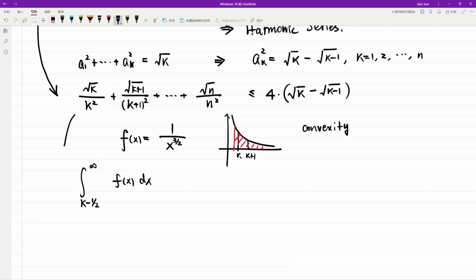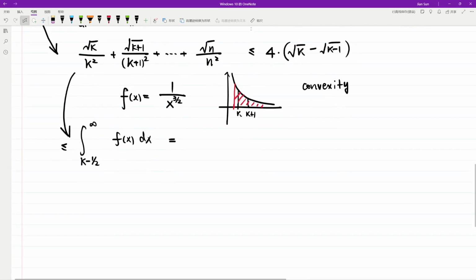In a sense, this is bounded by this integral. And how much is this integral? We can calculate. This integral is simply 2 divided by square root of k minus 1/2.